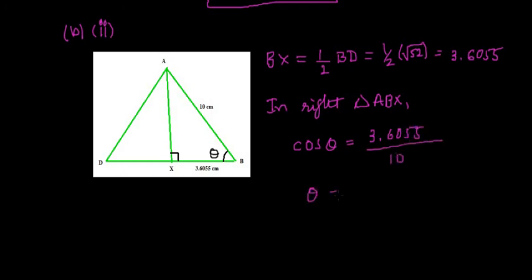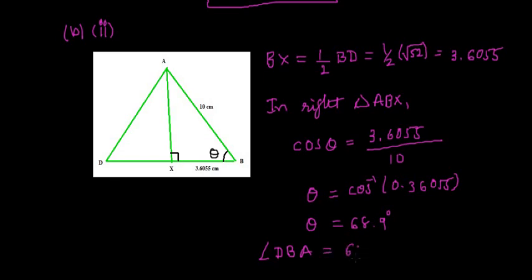When you work out theta, it comes up as cos inverse 0.36055, which is approximately 68.9 degrees. You can say it is XBA, or the same as DBA, both are one and the same. So this answer is 68.9 degrees, correct to three significant figures. So this is the answer of the B second question.